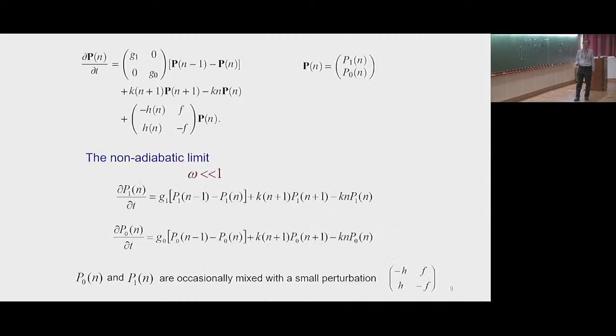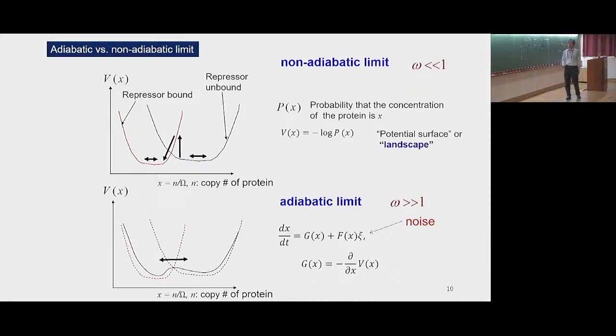But in the opposite limit, the non-adiabatic limit, this part is very small. So we have the decoupled two equations for the repressor unbound and bound states. So this is also a simple system we can solve. This is the illustrative comparison of these two limits.